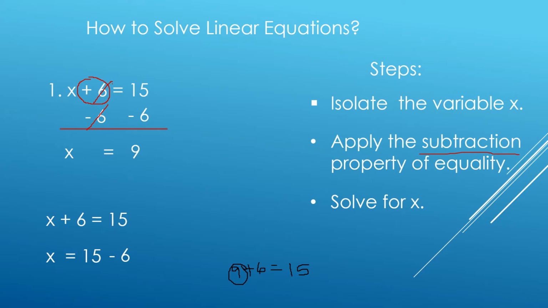It seems like we just put this 6 on the other side, and if this is plus, on the other side it becomes minus. x is equal to 15 minus 6, that is equal to 9. This is the shortcut of the subtraction property or addition property. We actually call this the transposition method. That's just the shortcut. Okay?